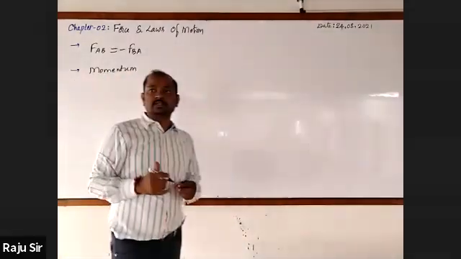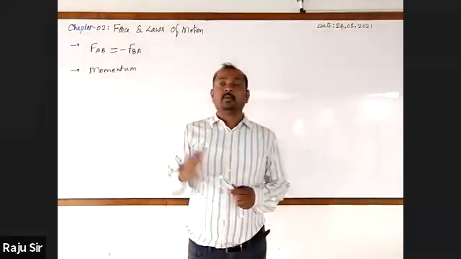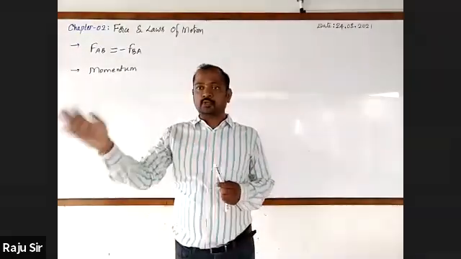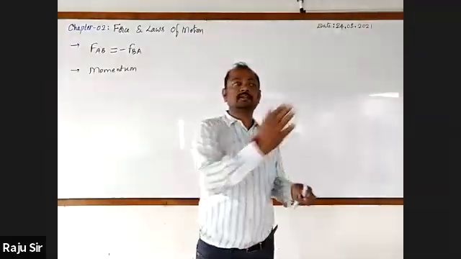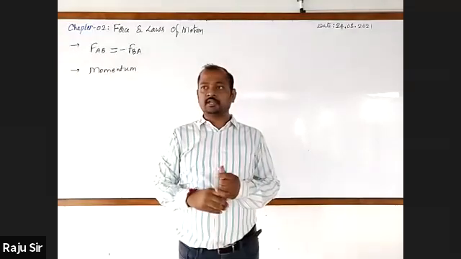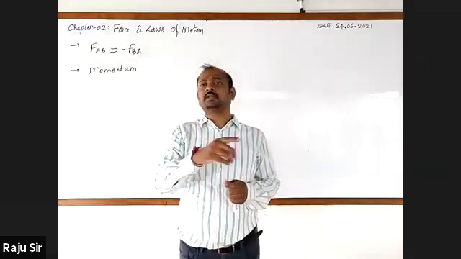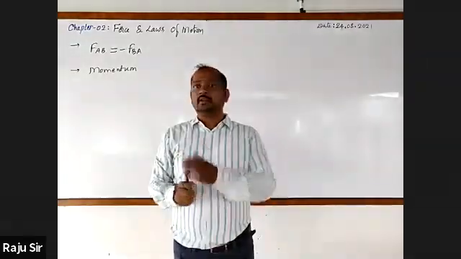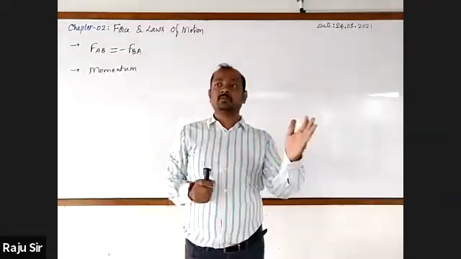We have taken two situations: momenta of two bodies before collision and momenta of two bodies after collision, right? And based on that, we stated the law of conservation of momentum.